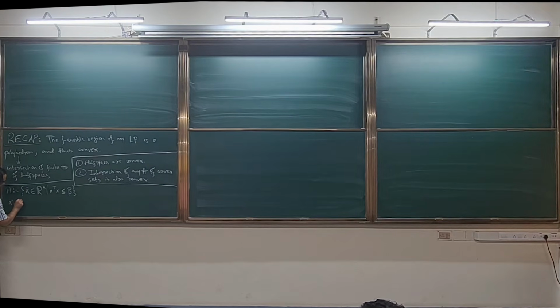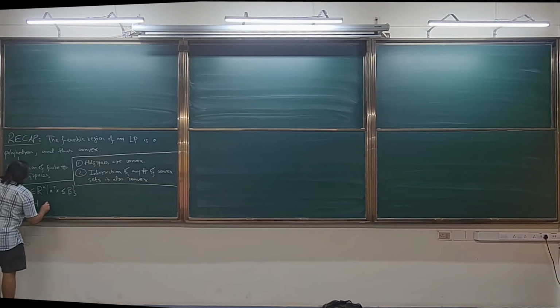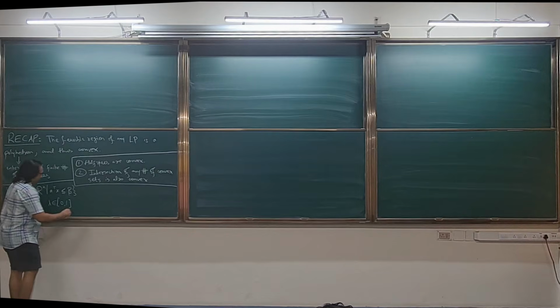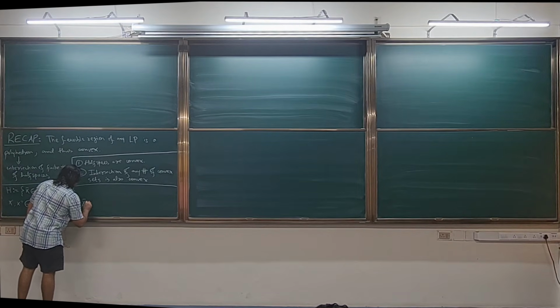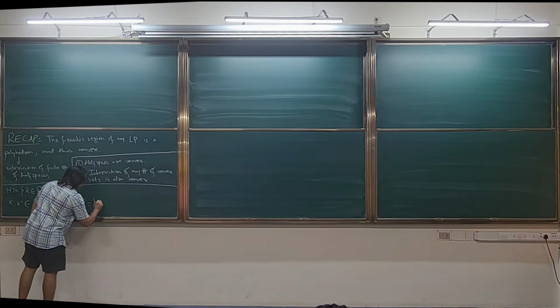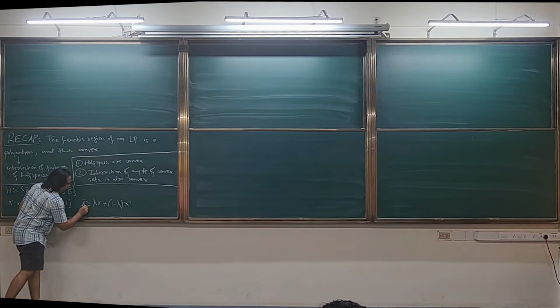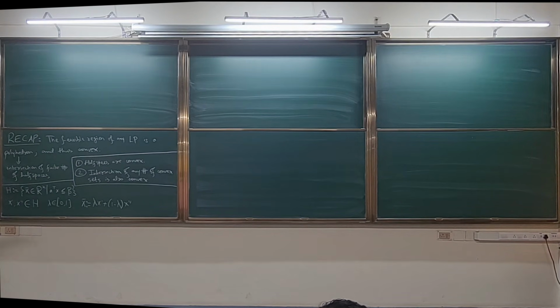Supposing x prime and x double prime are 2 points in the half space. And let's suppose lambda is some number in the interval [0, 1]. And let's say x bar is lambda times x prime plus 1 minus lambda times x double prime. And our goal is to show that this is also in the half space. Okay.